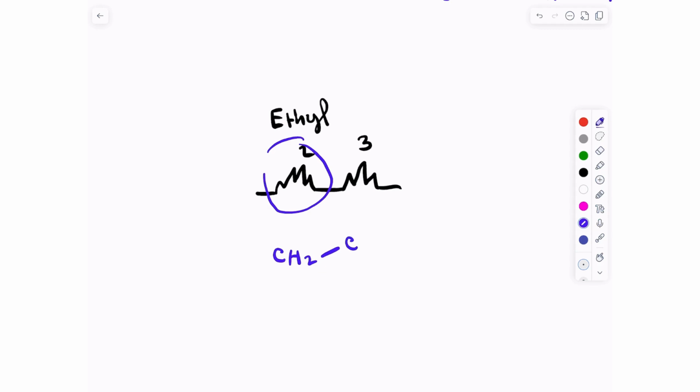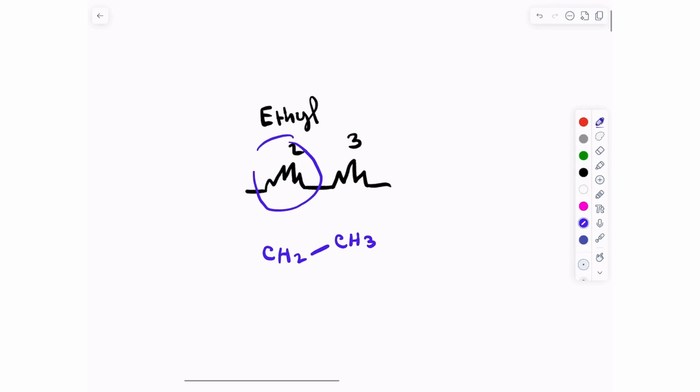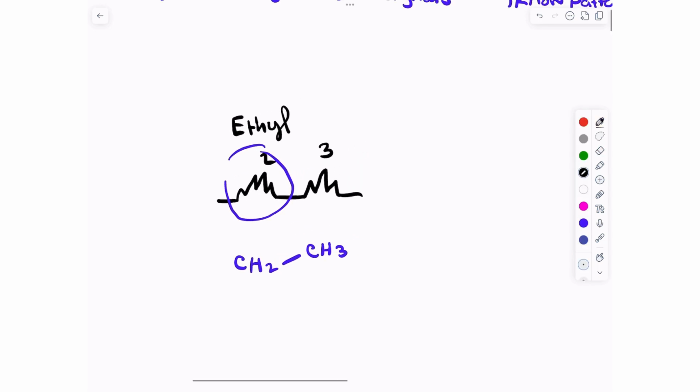So it could be a CH2 next to a CH3. And then this CH3 has 2 neighboring protons, and that's how you get the triplet peak here. So that's the first pattern you should notice: ethyls. Whenever you get an NMR and you see something that looks like this, you likely have an ethyl.